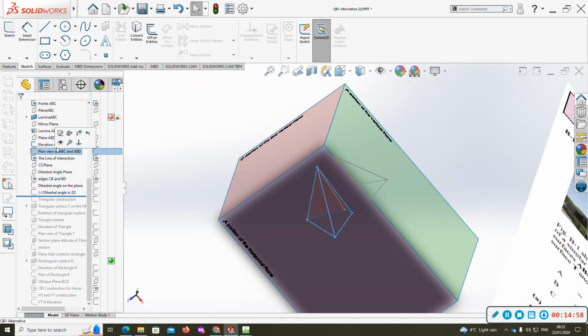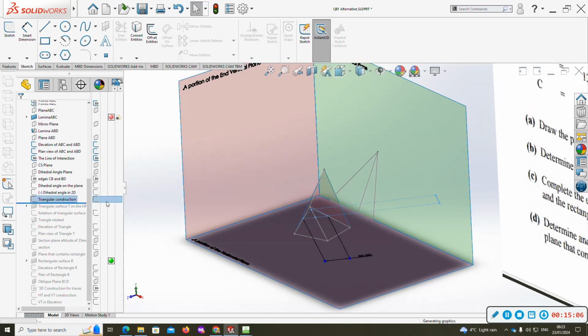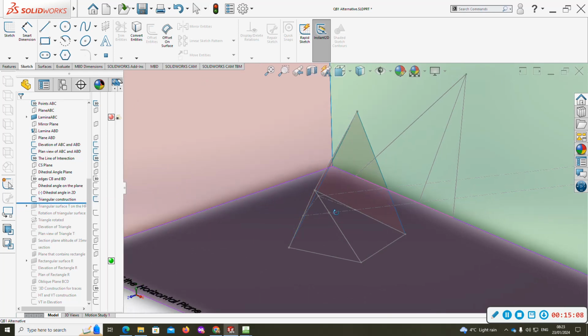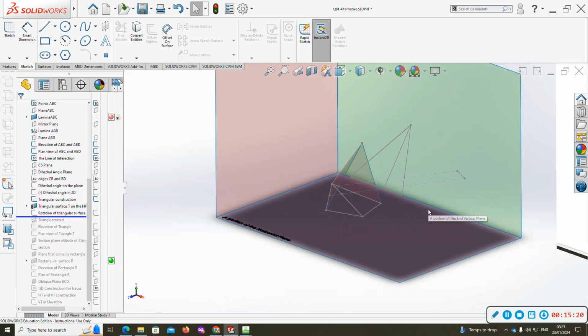Now, I construct the triangle on the horizontal plane. I bring it over to my auxiliary elevation. There's the triangle on the horizontal plane.